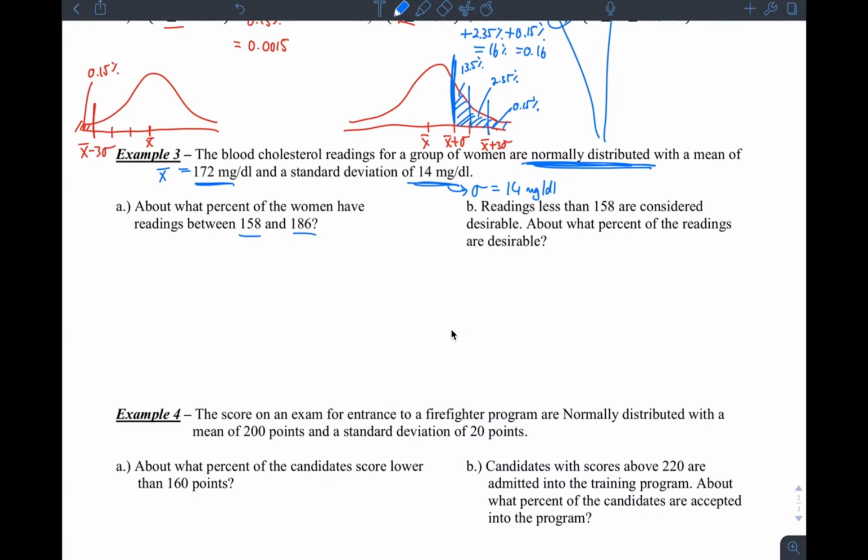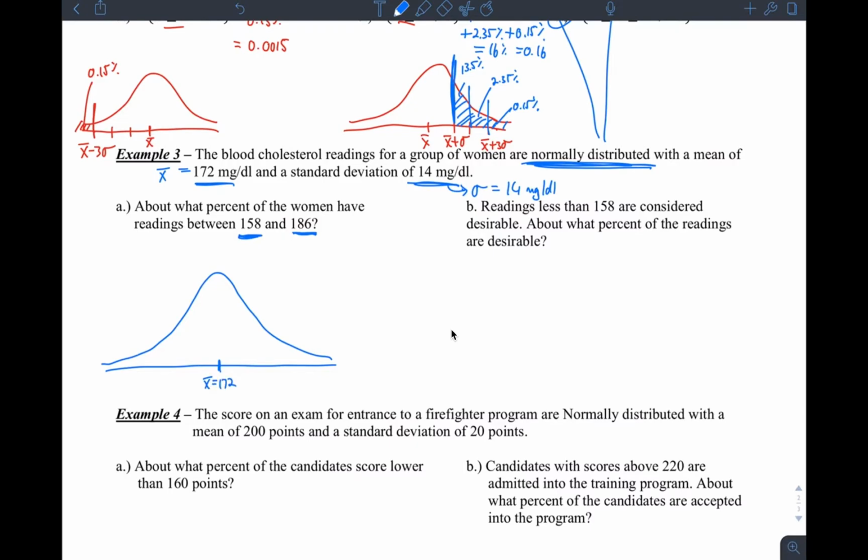Well, what you have to do here is actually draw the distribution, draw the picture that really tells you what you're looking for. So let's just draw the normal distribution, and then we can worry about answering the question. And so what I have here is the mean. So we said mean is x bar, but in this case that's 172.